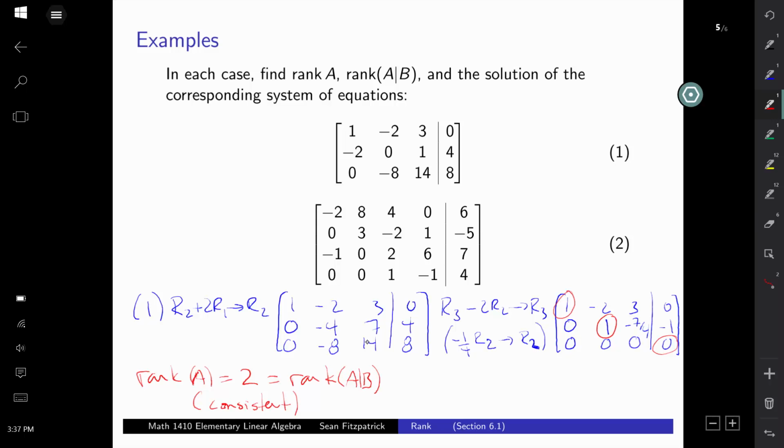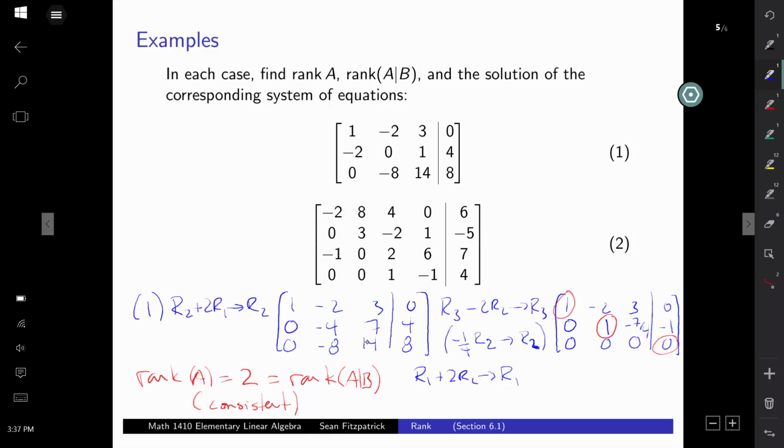If I want to solve, I think we'd better get this all the way down to reduced row echelon form. It's going to be easier to read off the solution there, so I do one more step. We've done our forward steps. We've got this down to row echelon form. We've got one backward step to get to reduced row echelon form, which is I take row 1 plus 2 row 2.